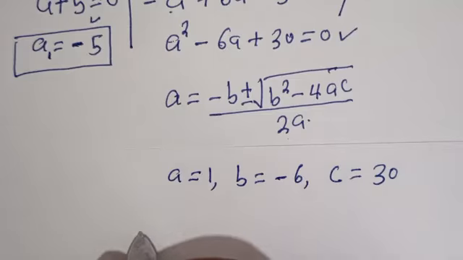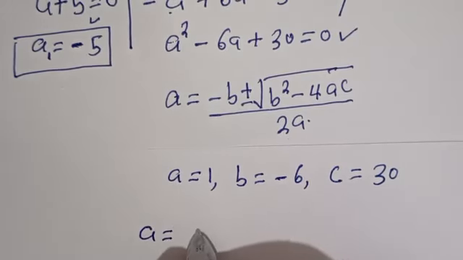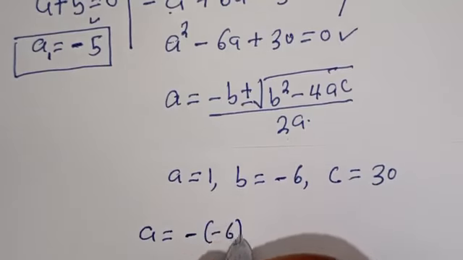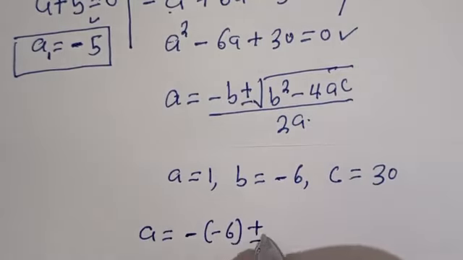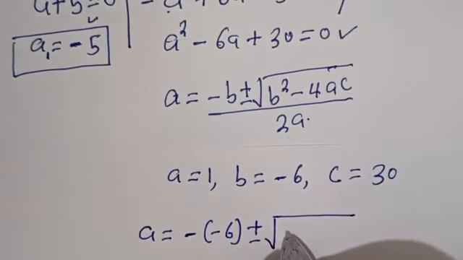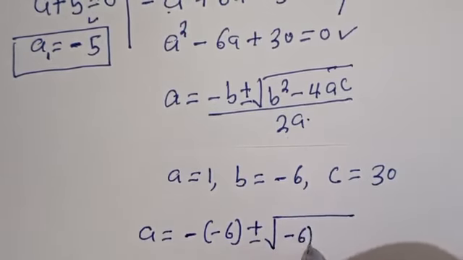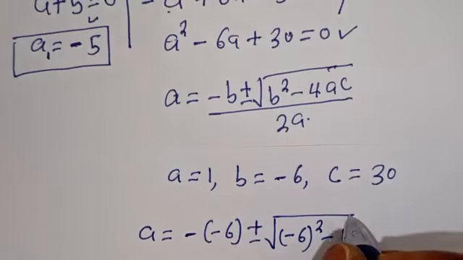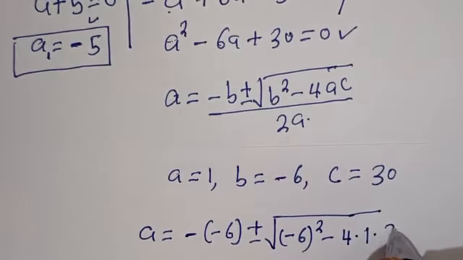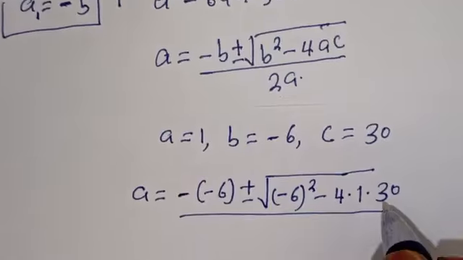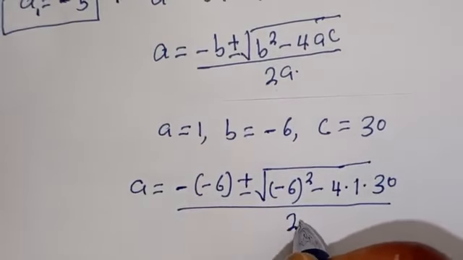Then here we have a is equal to minus bracket minus 6 plus or minus square root of minus 6 all squared minus 4 multiplied by 1 multiplied by 30, divided by 2 multiplied by 1.